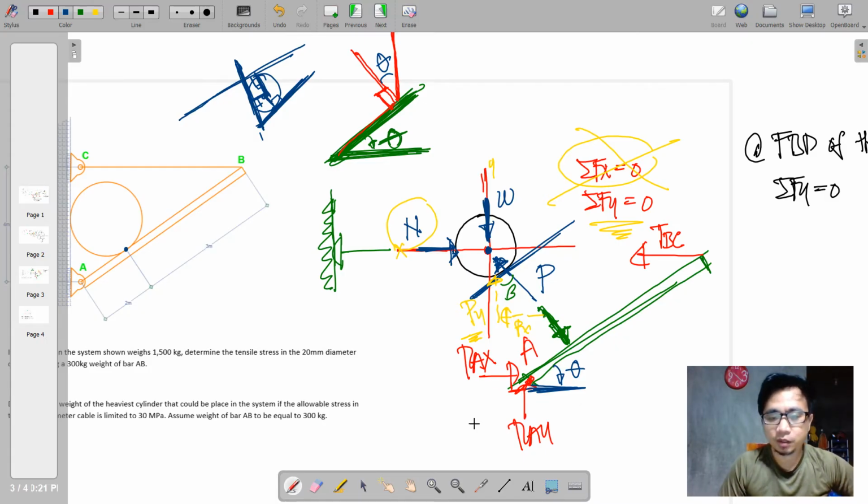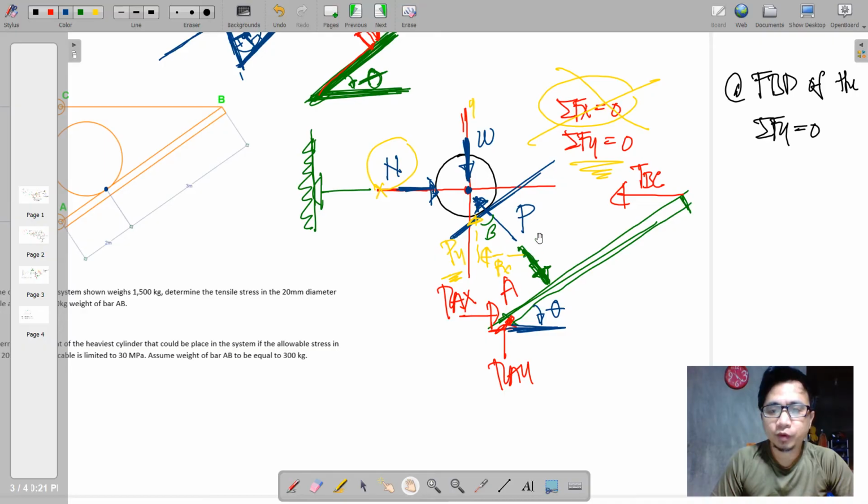Now applying that principle, P here is simply perpendicular to this member, and under that condition, combining this perpendicular line with a vertical line will give the same angle.